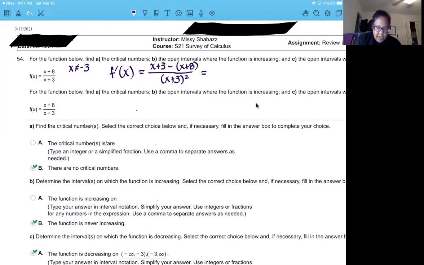So on the top, what I end up getting is a negative 5 over an x plus 3 squared. If I set this equal to 0, you will find that you can't actually come up with a value for x where this is true. So there are no critical numbers.